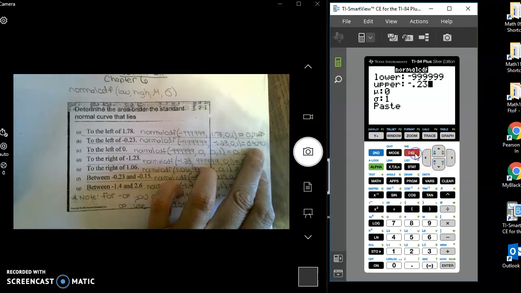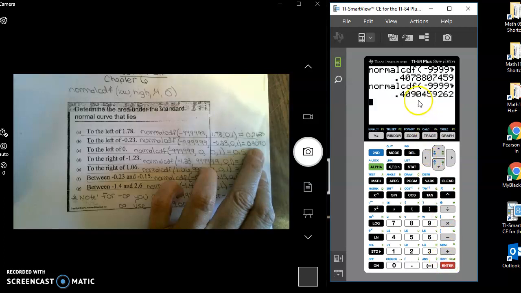Just like class, I make mistakes. Okay, now I'm going to look at it. So that's pretty much the same answer. Every once in a while, these answers will be off if compared to using the table. My MATLAB has some kind of leeway as far as answers is concerned. So like, let's say you have these last decimals a little bit off, my MATLAB does have some leeway on that one.